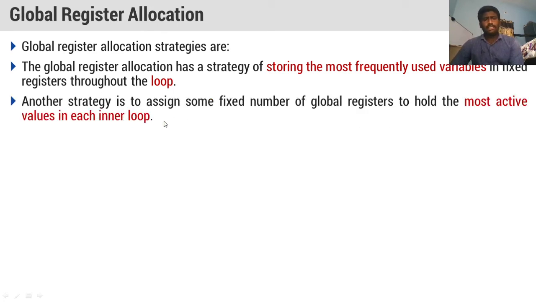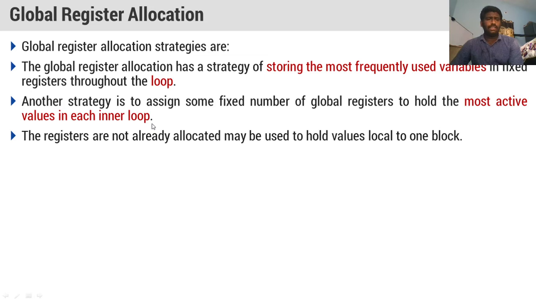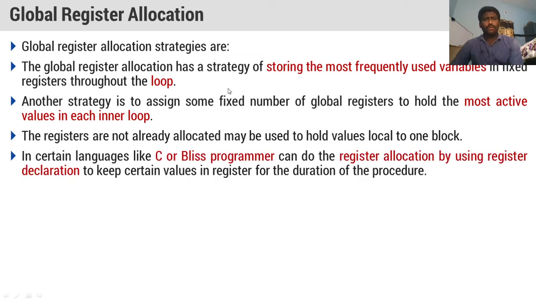Another strategy is to assign some fixed number of global registers to hold the most active values in each inner loop. So we are doing two things here. We will store the most frequently used variables and we will also store the most active values in each inner loop.